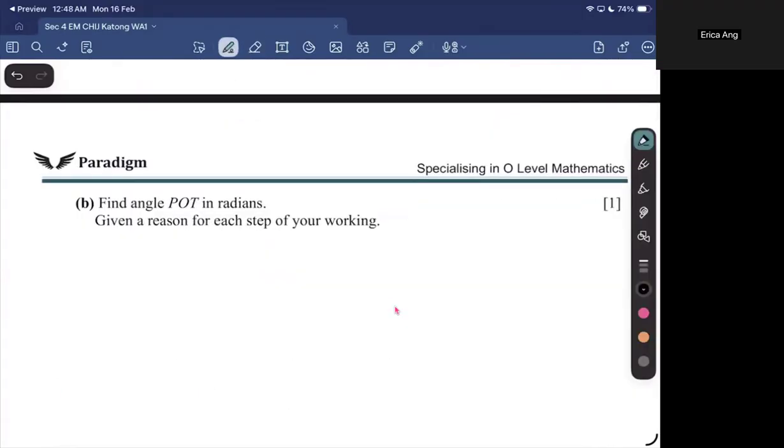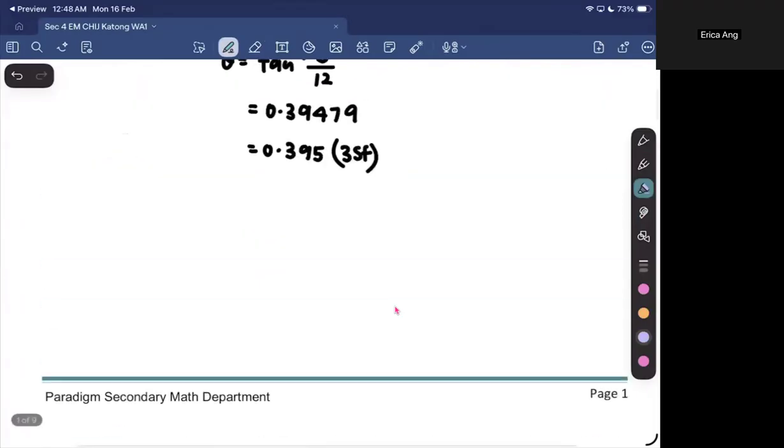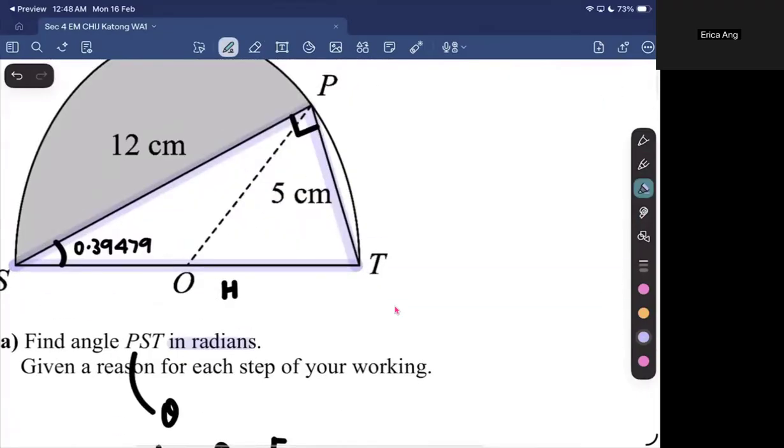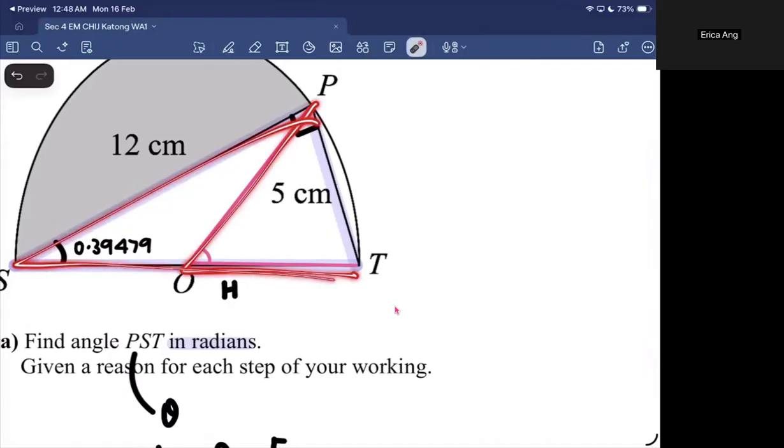The next question is 1 mark only, so you expect one step or two steps max. You want angle POT in radians. Where is POT? POT is this one. Angle POT lies in the center, and PST is on the circumference, so this one times 2.